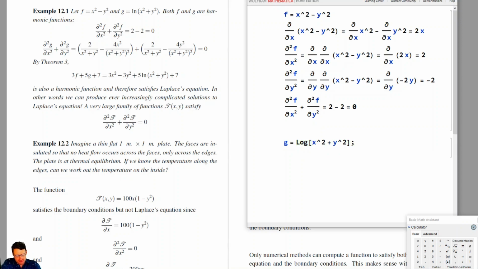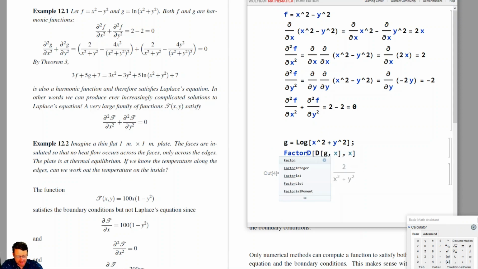Okay, I'm going to use the computer to calculate this one, just to be quick about it. So the first partial derivative is 2x over x squared plus y squared. And then if we were to differentiate that again with respect to x, then we have this, but we might want to factorize that.